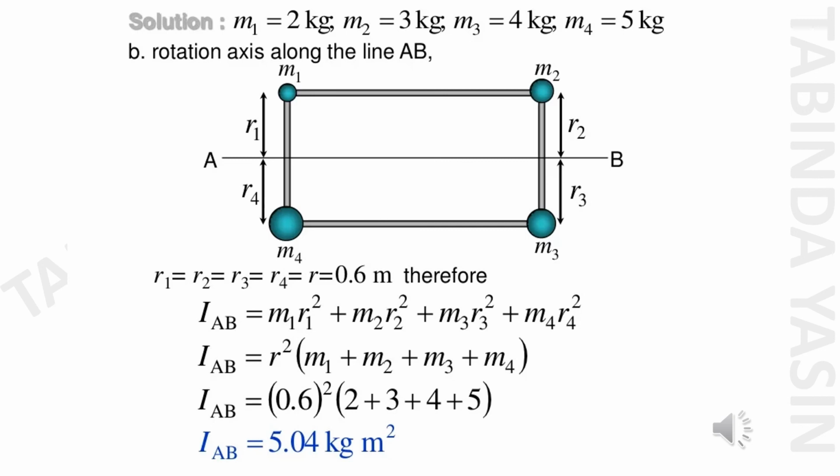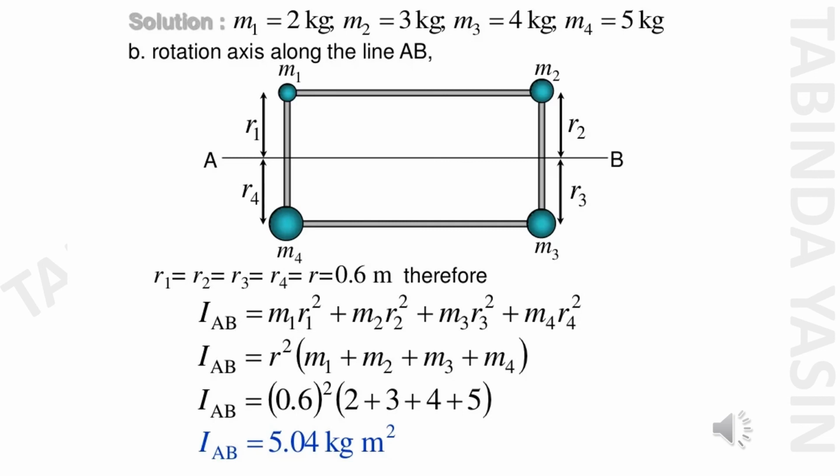R1 is equal to R2 is equal to R3 is equal to R4, that is equal to R, and that is 0.6 meter. Therefore, we are going to find the inertia IAB, that is m1 r1 squared plus m2 r2 squared plus m3 r3 squared plus m4 r4 squared.